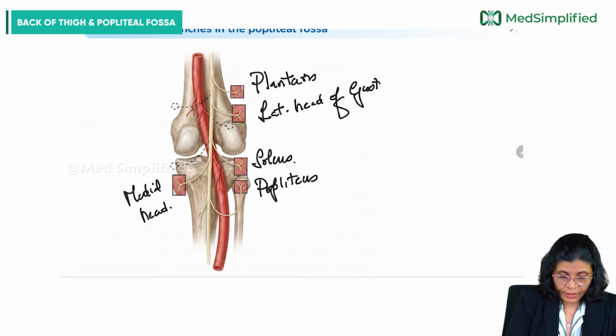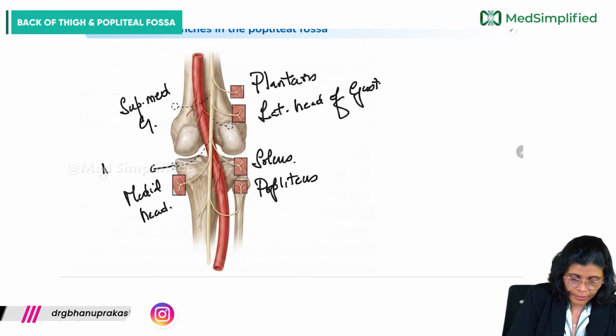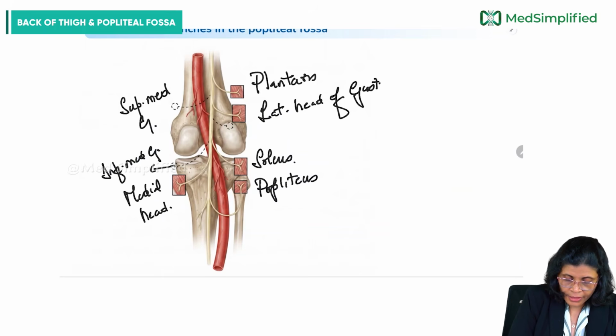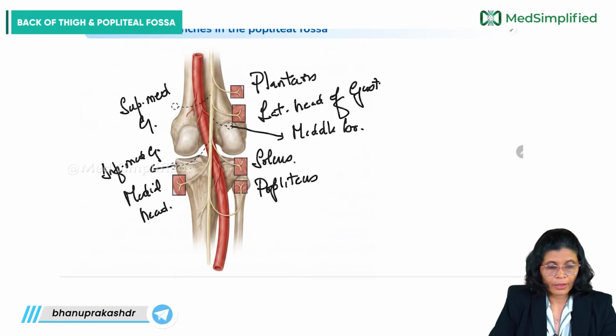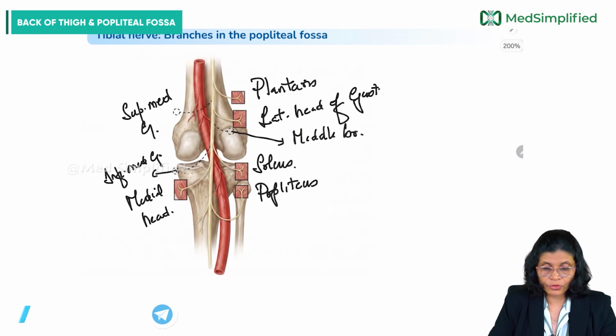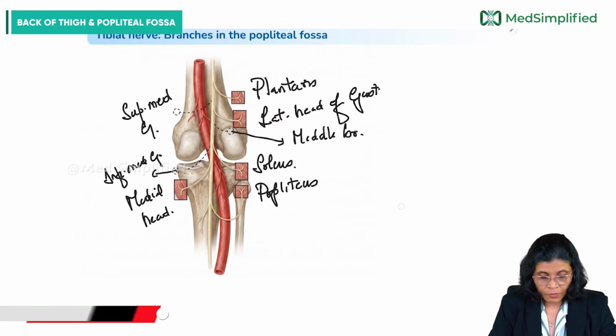Here we have the genicular branches. This is the superior medial genicular branch, the inferior medial genicular branch, and this is the middle genicular. So these are the 3 genicular branches it gives. These are mainly the branches in the popliteal fossa. Vascular branches supply the popliteal vessels.